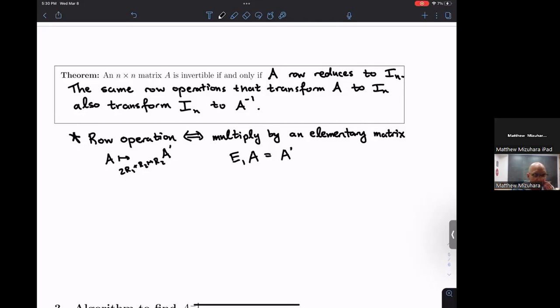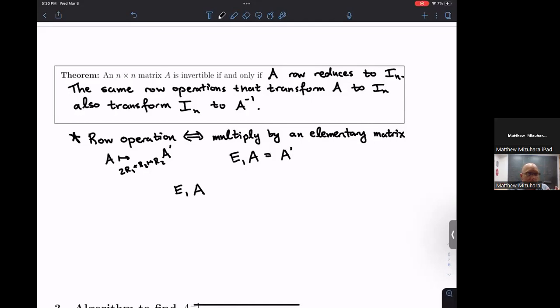This observation is so important because let's imagine the process of starting with a matrix A and applying a bunch of row operations one after the other until my final result becomes the identity matrix. That means I would start with A. I apply my first row operation, which means multiply on the left by, let's call it E1.